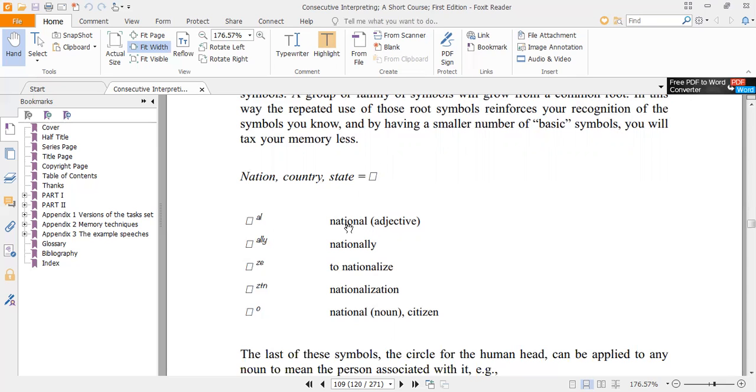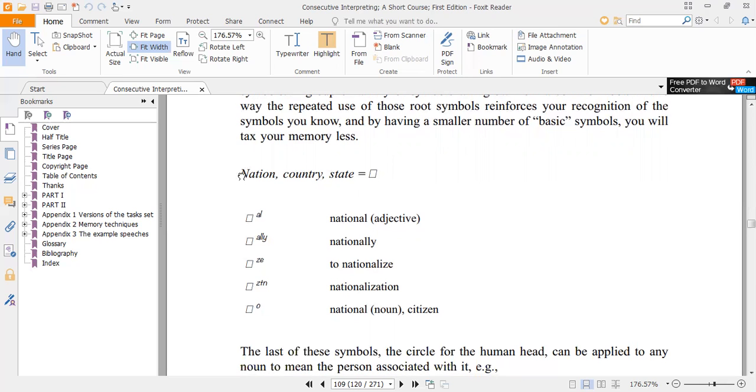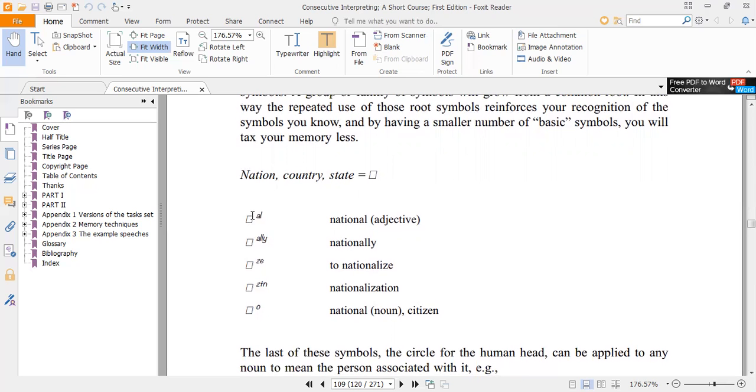For example, to clarify this point, we have nation. This square refers to the nation. Okay. Now, if you want to take national as a symbol, we can draw it as nation. The square refers to the nation, and al above the square refers to the national.